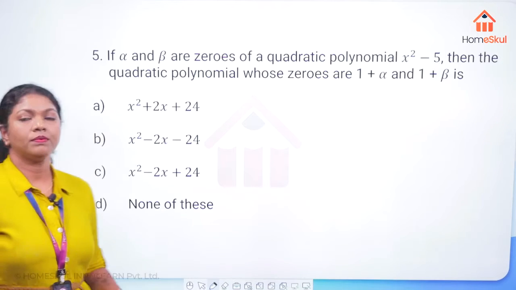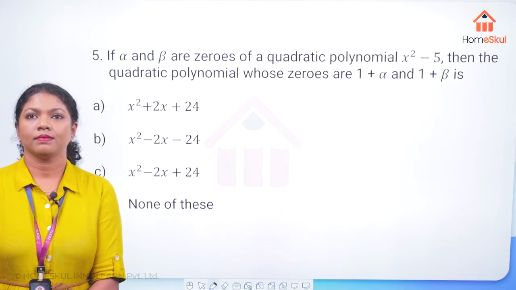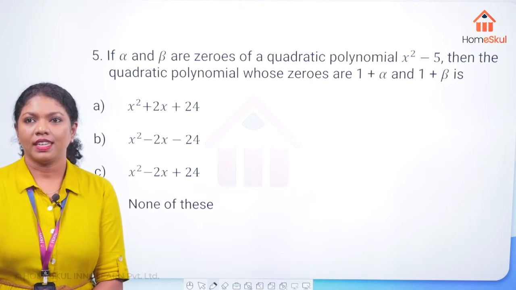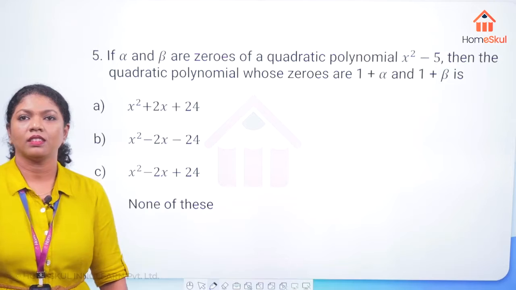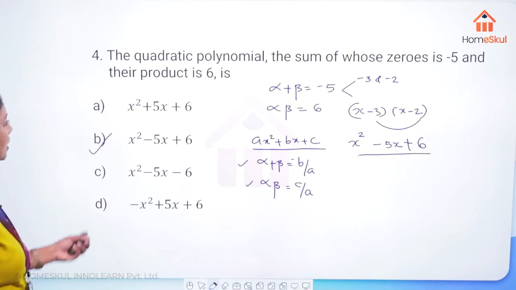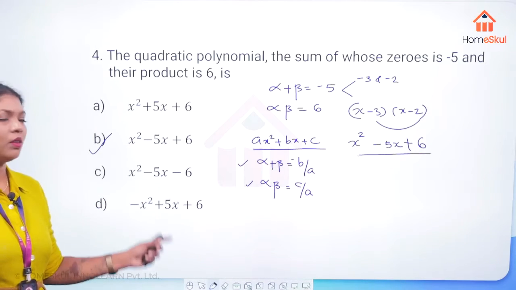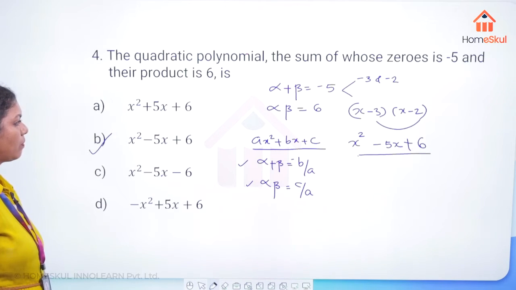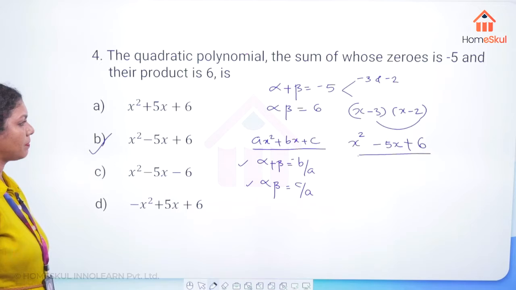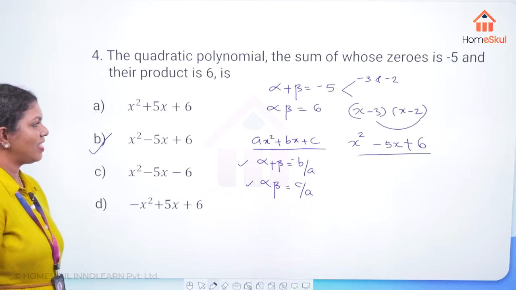Ma'am, I have a doubt in the last question. Ma'am, I have done this question using an equation. Yes, ma'am. x square minus sum into x plus product. While using that way, I got x square plus 5x plus 6. Even I got that also.